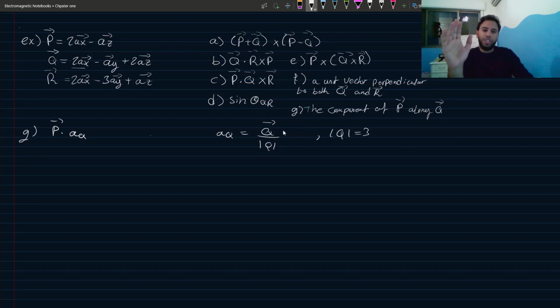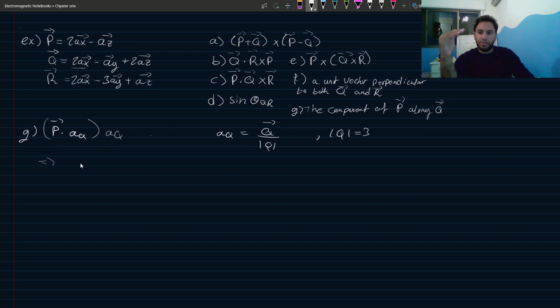The question G wants us to find the component as a vector. And if you remember how to vectorize this value, we just multiply it by aq again.